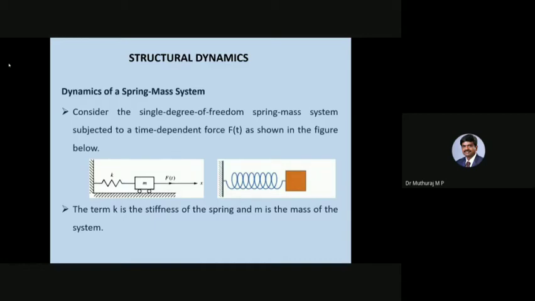M u double dot plus C u dot plus K into u is equal to F of t. So I can explain everything. M is nothing but mass. K is nothing but stiffness. C is nothing but damping.